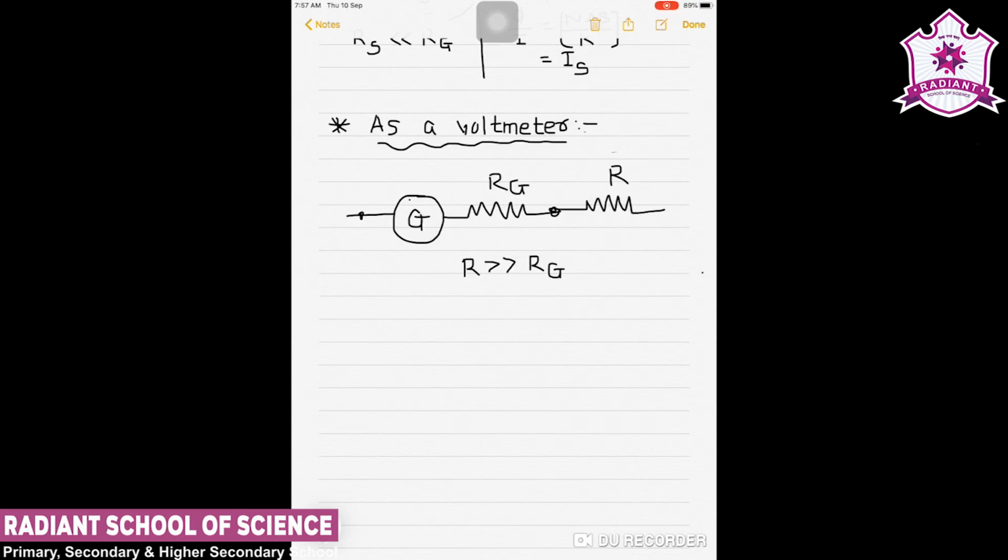Now it must draw a very small current, because if it draws more current, then the actual resistance of the circuit will change. So for that, we have to make that portion of the circuit have a larger resistance, so that minimum current will flow through it, and it will not change the actual circuit current.